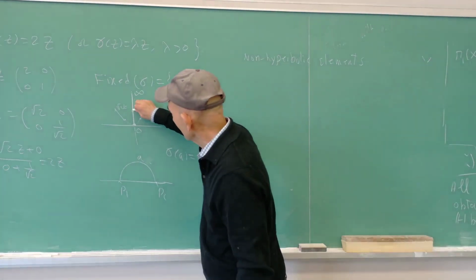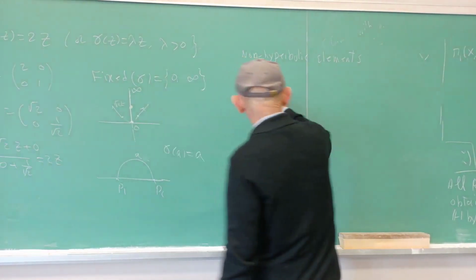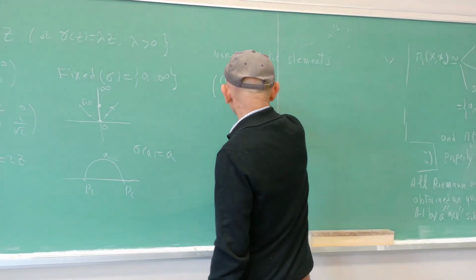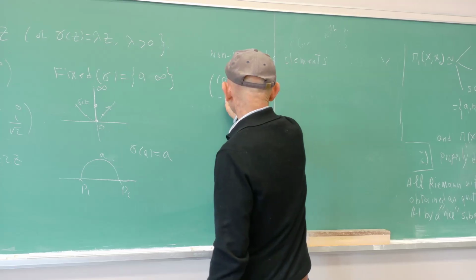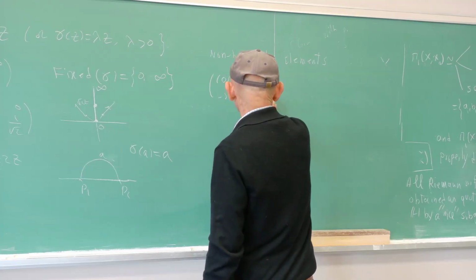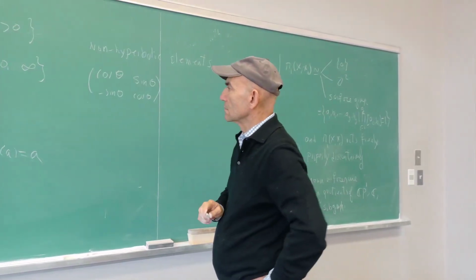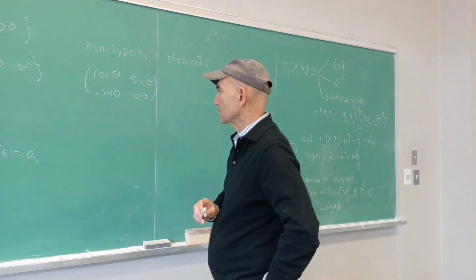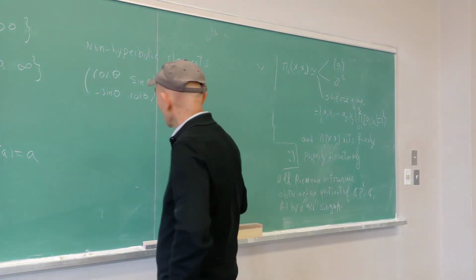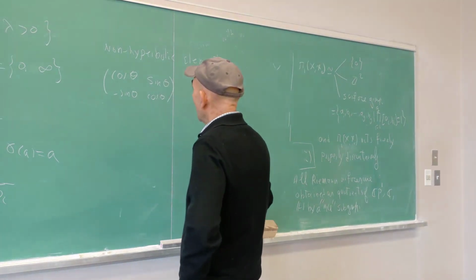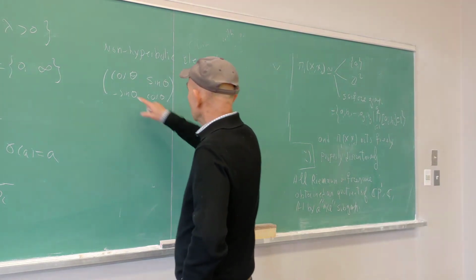For example, if you take this point i, there is the matrix cosine theta, sine theta, negative sine theta, cosine theta, which is fixing i.